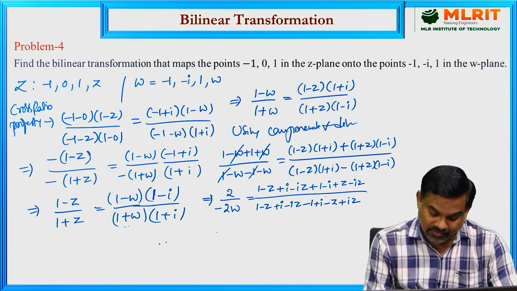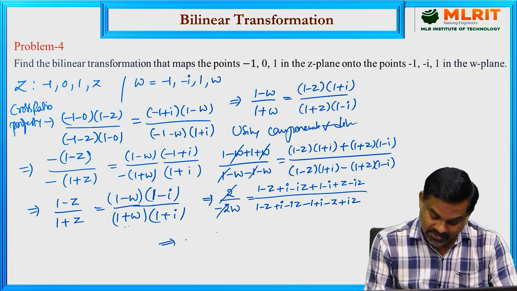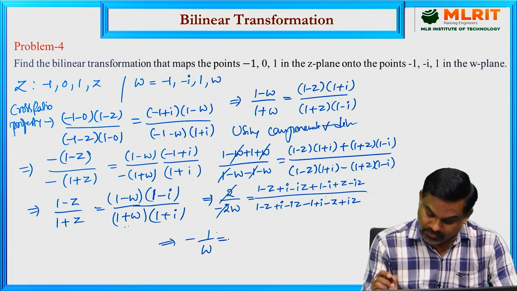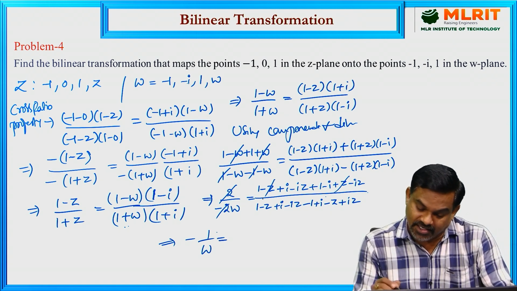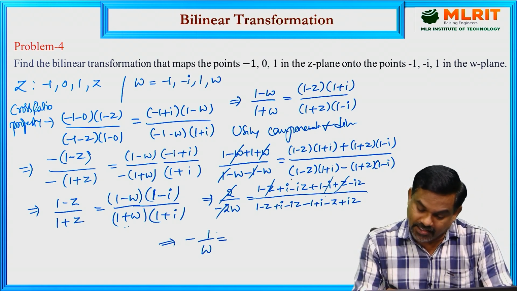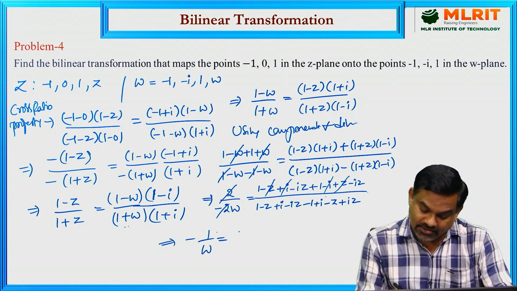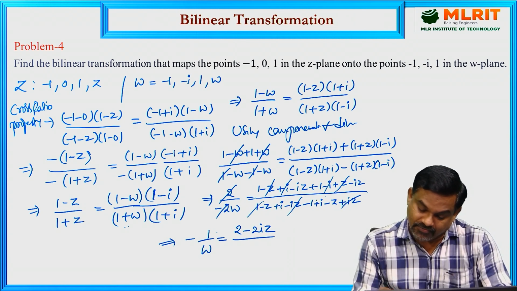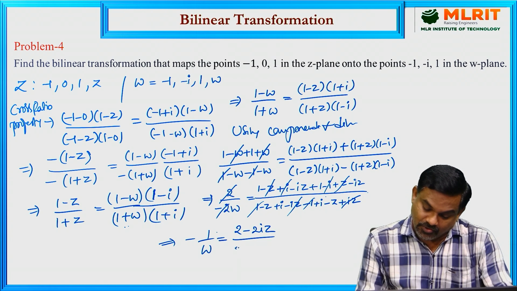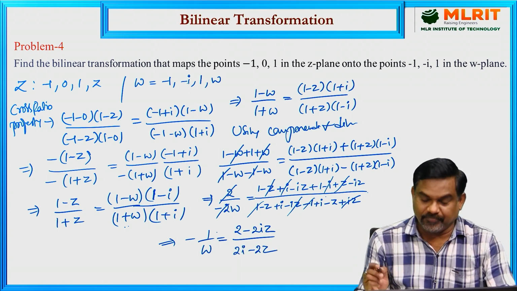So that implies this 2 gets cancelled, minus 1 by w equal to, so here plus z minus z, minus I plus I. Now what else? 2 minus 2iz by, in the denominator minus iz plus iz cancel, plus 1 minus 1 cancel, so 2I minus 2z.